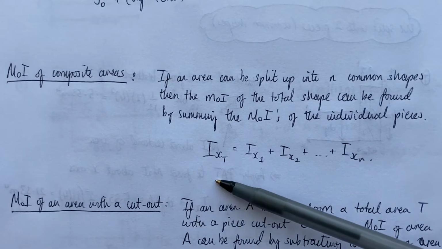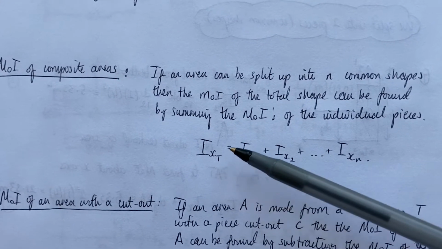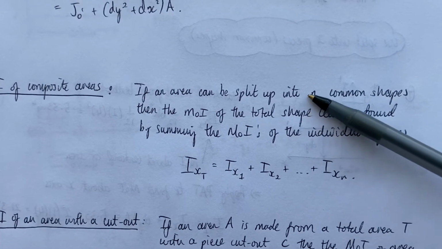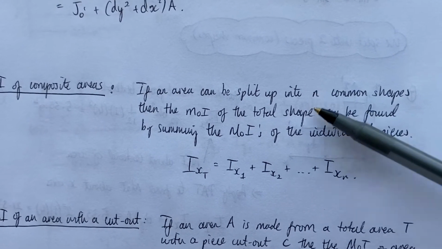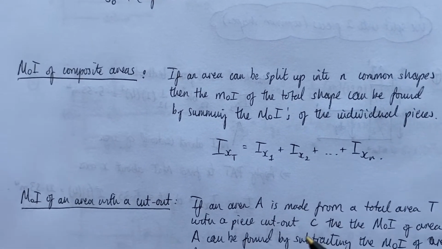So if we have this total area subscript t that's made up of n pieces, we calculate the moments of inertia of the pieces and just add them all together, right? So that's all that says.